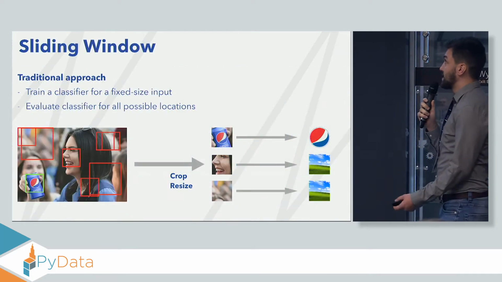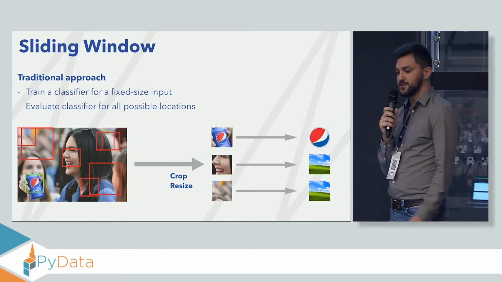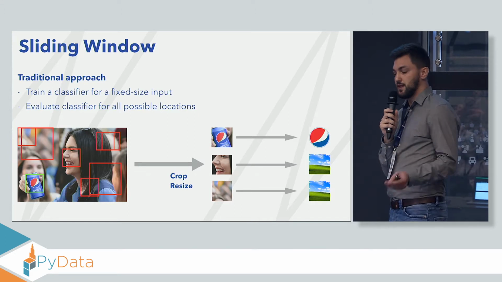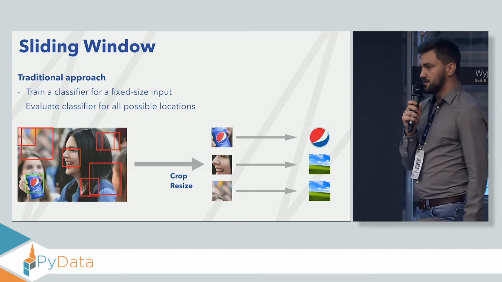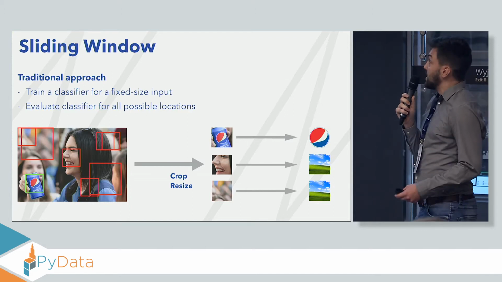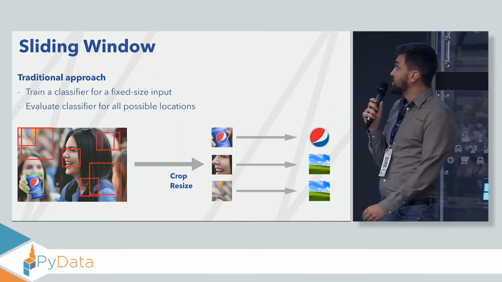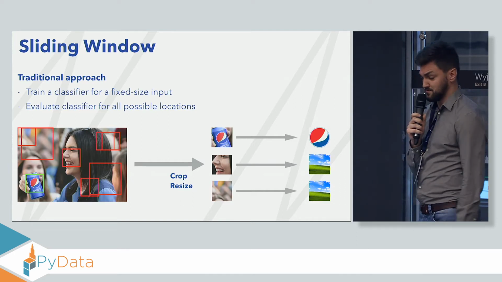Okay, so how can we tackle this problem? A traditional approach would be to train a classifier that is able to distinguish an image of a logotype or a background for a fixed size image, and apply a sliding window to crop, to provide all the possible locations where the logo can appear.